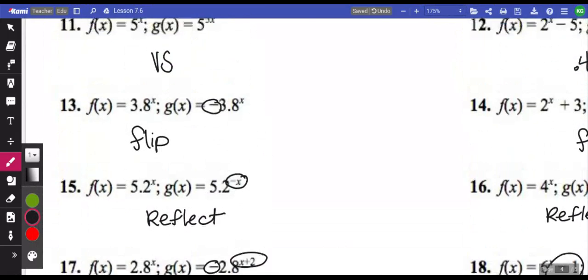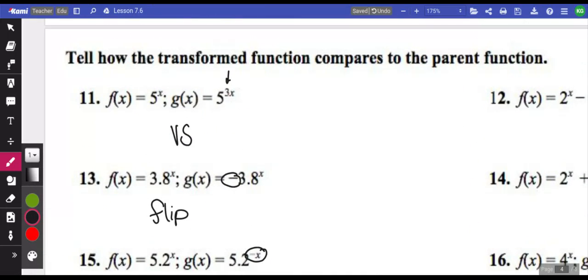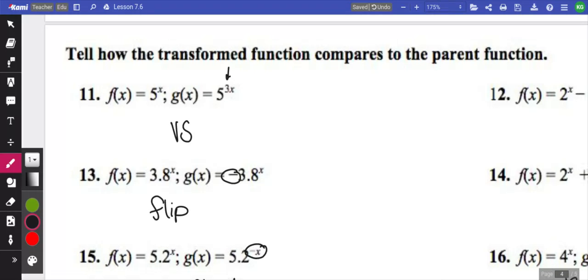Now, we can look at all of these in our calculator. So if I pull that up real quick, let's look at 5 to the x and then 5 to the 3x power. I'm going to put 5 to the x power in my y1, turn my plot off real quick, and then 5 to the 3x in my y2.